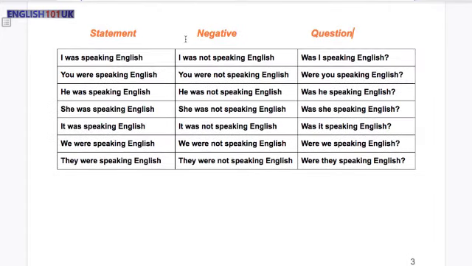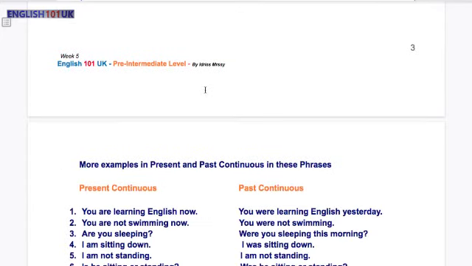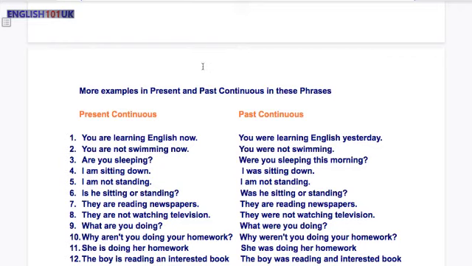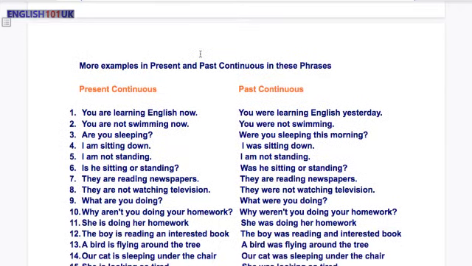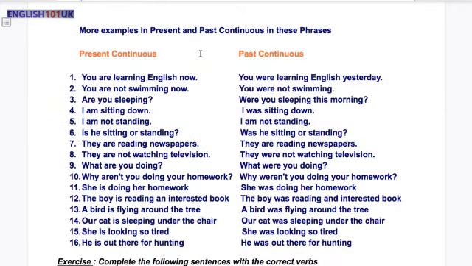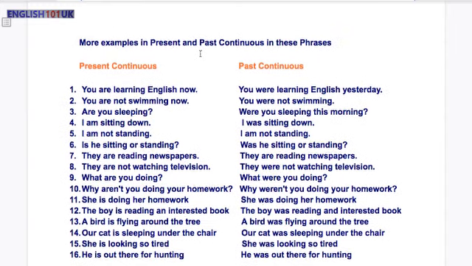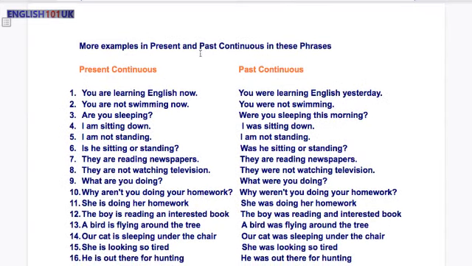Now, let's move to some examples just to clarify what we have mentioned. Here we have more examples in the present and past continuous. These are in the present continuous and these are in the past continuous.